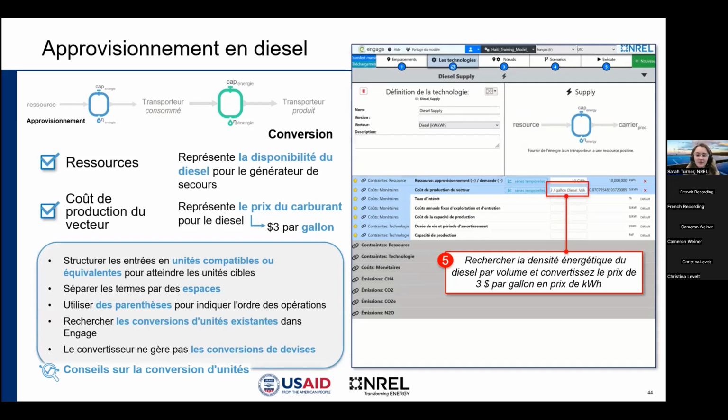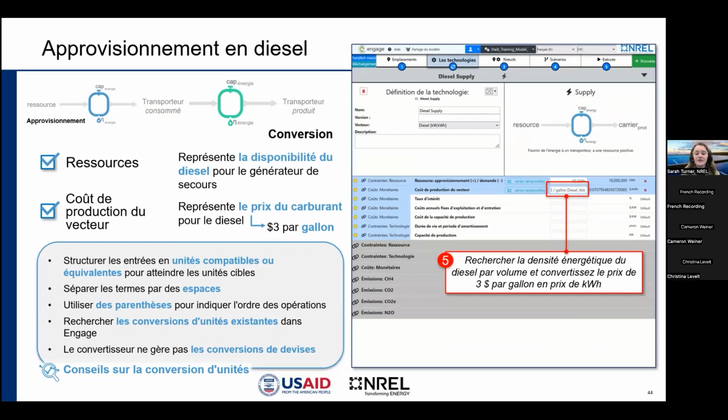As you continue to work in Engage, some important tips to keep in mind about unit conversion is to always structure inputs in compatible or equivalent units to achieve the target units for the model. Remember to also separate terms by spaces to improve the formula's readability, and to use parentheses to indicate the order of operations, as we have done in the slide.